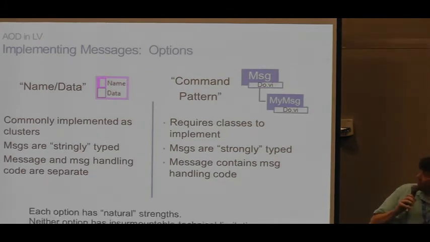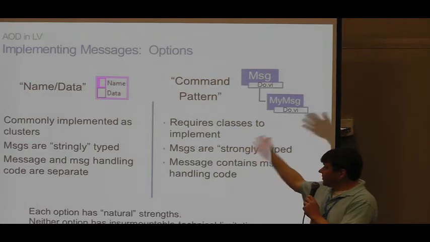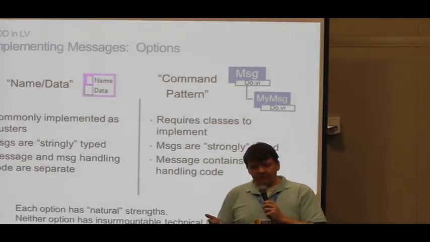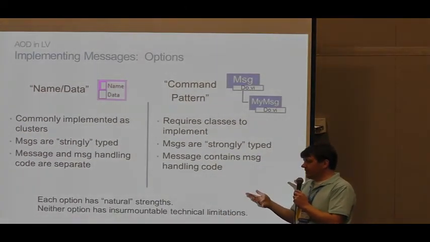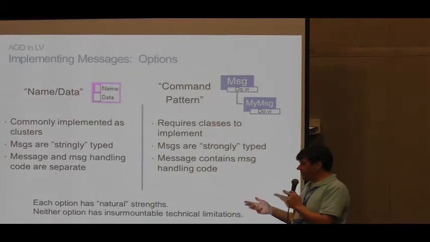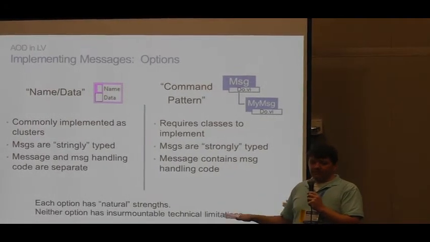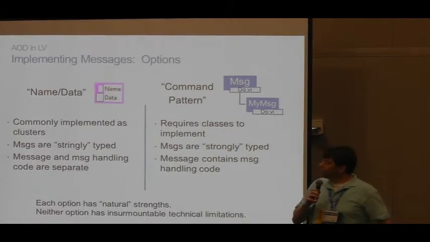And I don't really have time to talk much more about that. Each option, no matter what you choose, has natural strengths. So figure out what your requirements are for your systems in your working environment and use the one that better fits your environment. Neither option has insurmountable technical issues that you need to worry about. It's just a matter of how easy it is to do what you want to do.